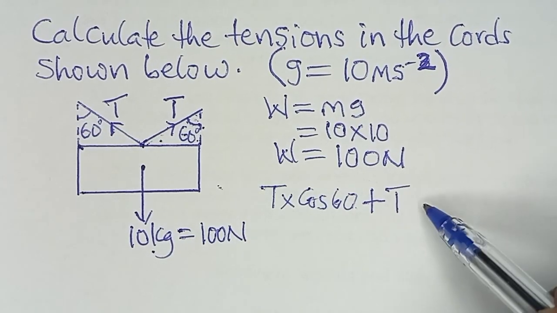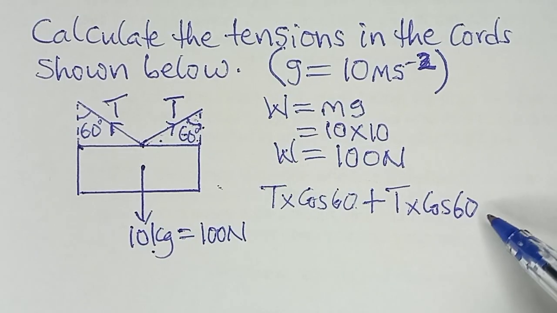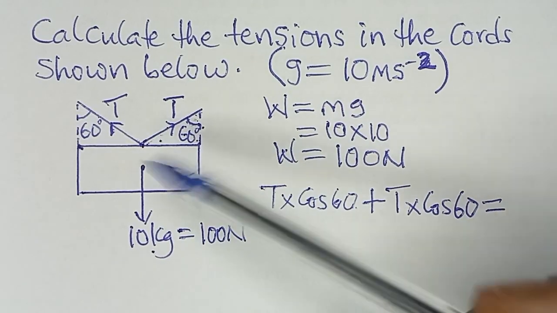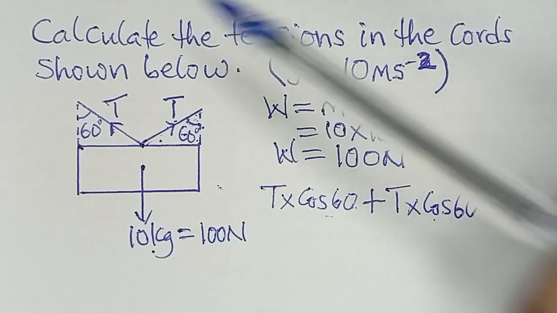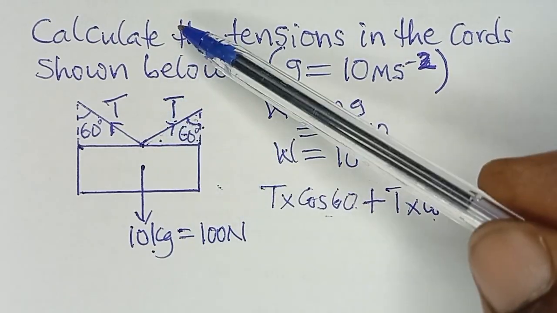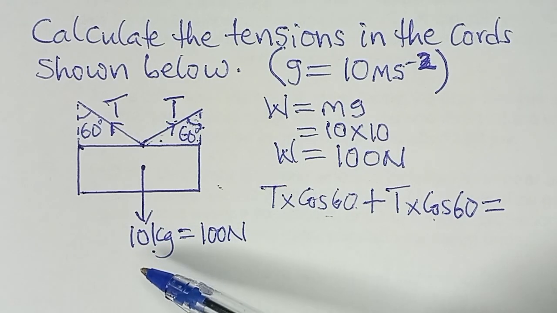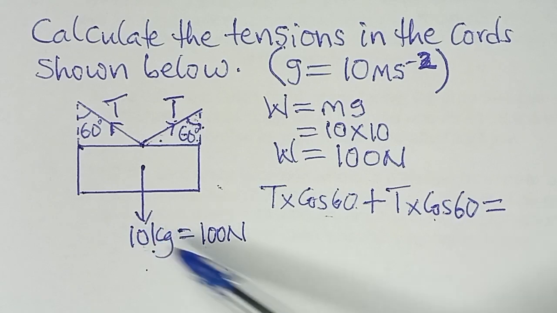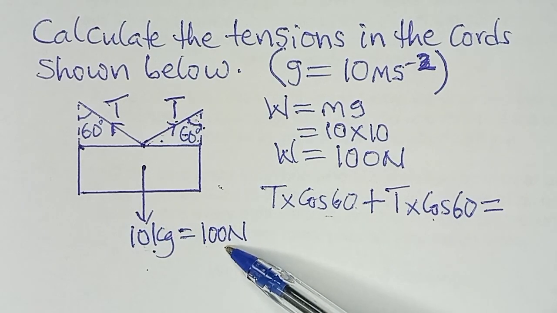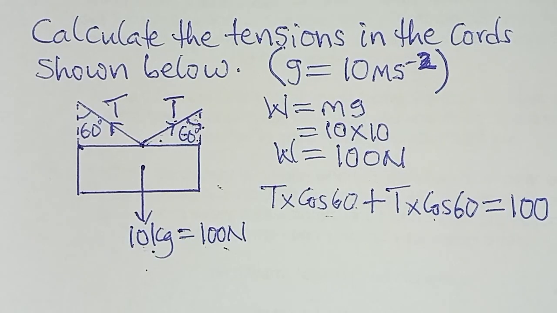So we now have these two as the total upward forces, and the total upward forces must be equal to the total downward forces for equilibrium to take place. The total downward force is only this weight acting downward, which is the 100 Newton that we obtained. So that will be equal to 100.